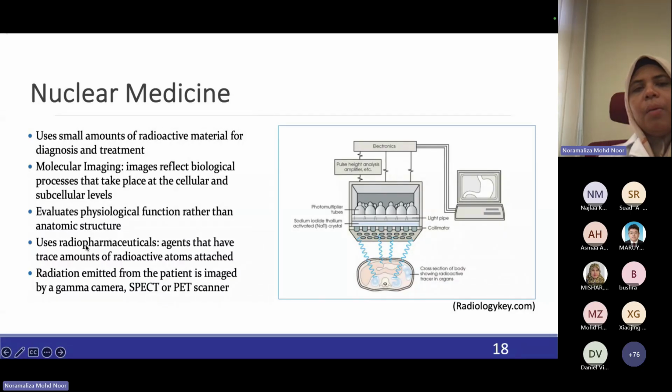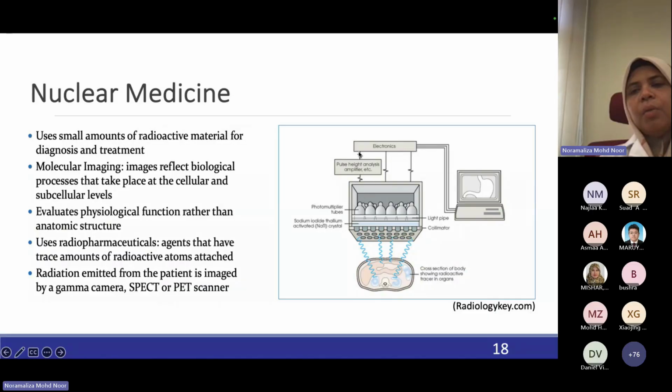For nuclear medicine, usually we use a radiopharmaceutical agent with trace amounts of radioactivity attached, and then the radiation emitted from the patient is imaged by the gamma camera, which is SPECT or PET CT. So this is a patient's body. When we inject the patient's body with an unstable radionuclide, the unstable radionuclide tends to become stable by releasing gamma. So this gamma will be emitted out and reach the detector.